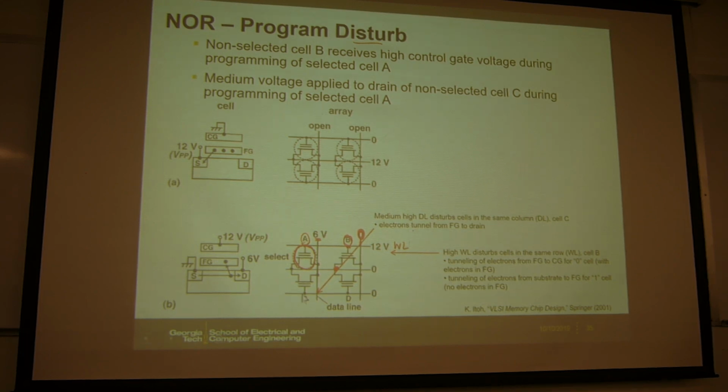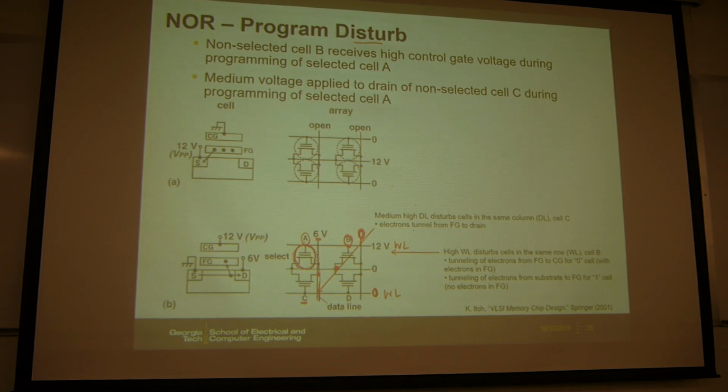And similarly, cell C may be under disturb, because cell C shares the same bit line as cell A. So if you want to prevent cell C from being programmed, you apply 0 to the word line of cell C. But cell C shares the same bit line as cell A, so that means cell C's drain voltage is 6 volts. So cell C may still have the drain current, especially when cell C is erased.